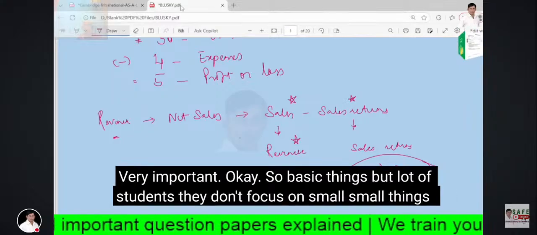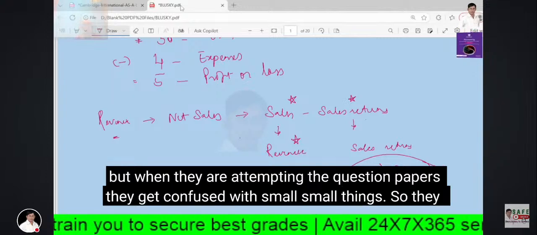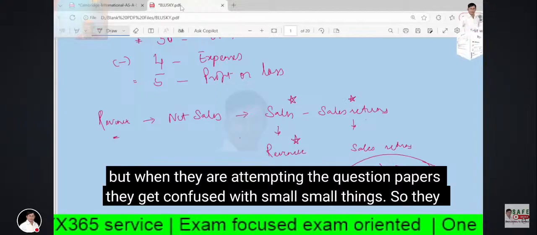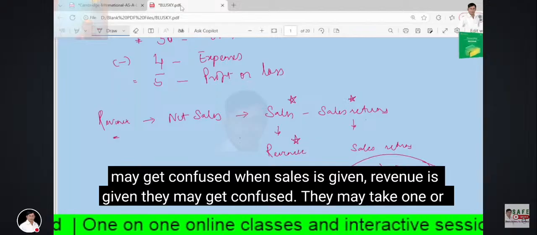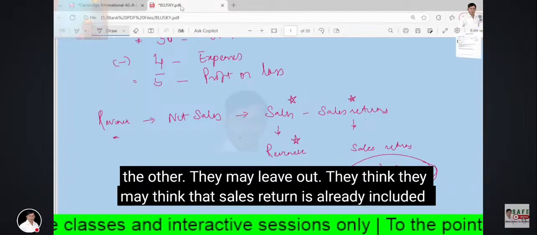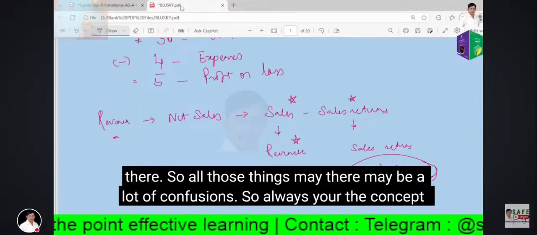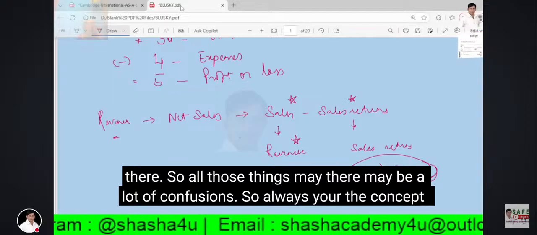These are basic things, but a lot of students don't focus on small things, and when attempting question papers they get confused. When sales is given or revenue is given, they may take one or leave out the other, or think that sales returns are already included. So the concept should always be very clear.